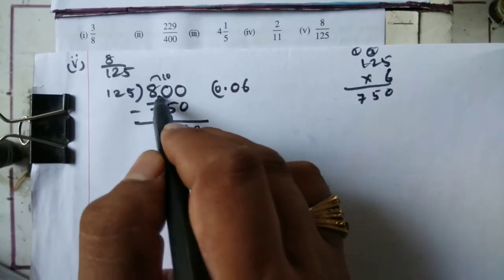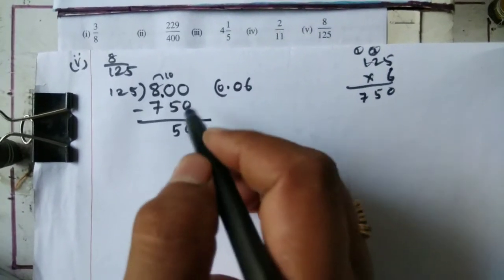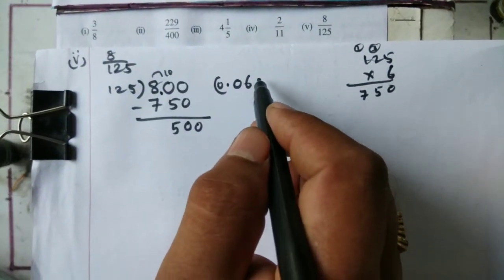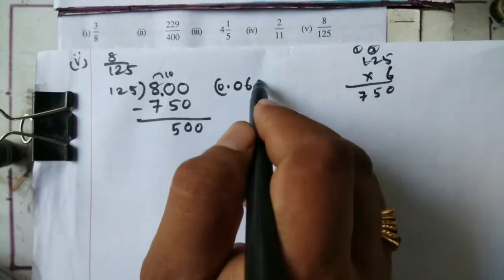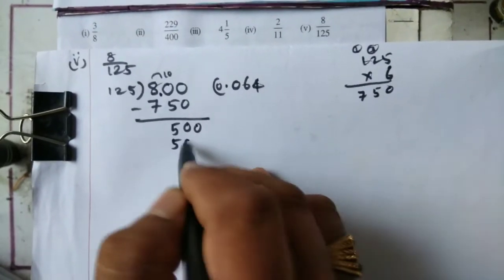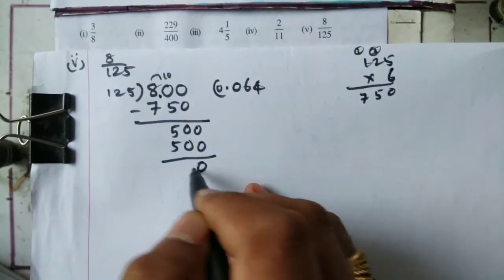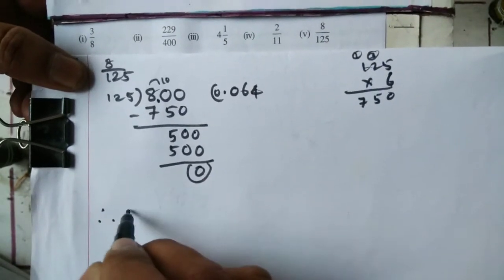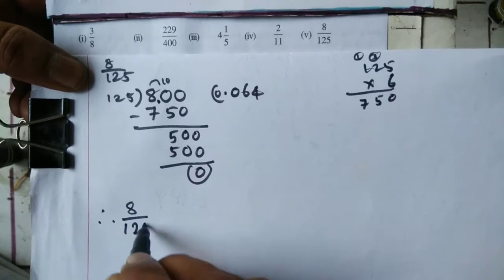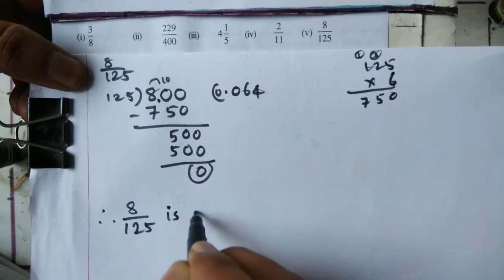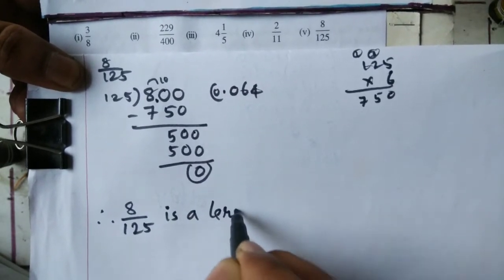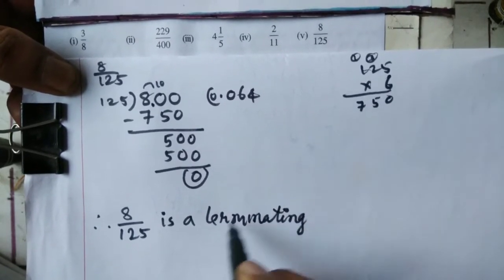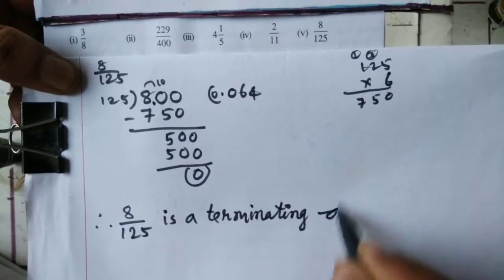Actually we have to keep here decimal point. 125 4s are 500. So we got 0. Therefore 8 by 125 is a terminating decimal.